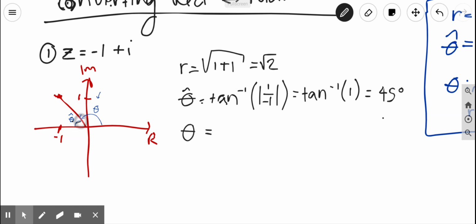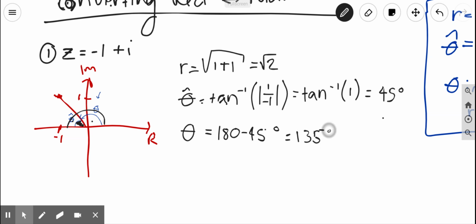If this part here is 45 degrees, and the angle going from one side of the x-axis to the other side is 180, then the remaining angle should be 180 minus 45 degrees. That's my angle, which should be 135 degrees if I'm not mistaken.